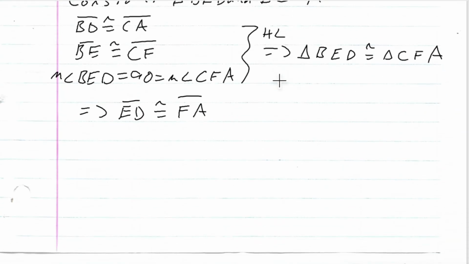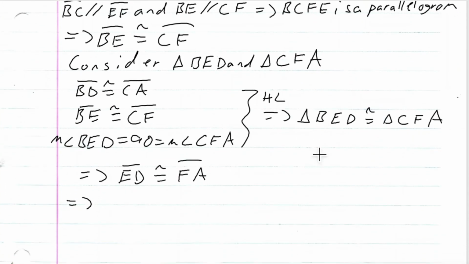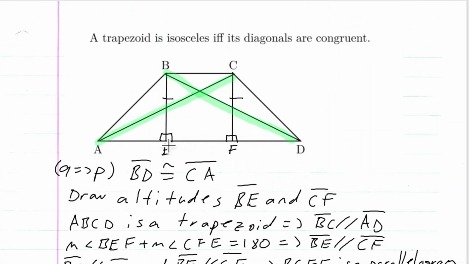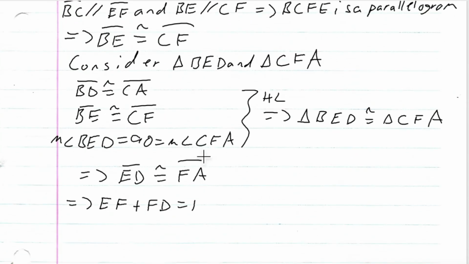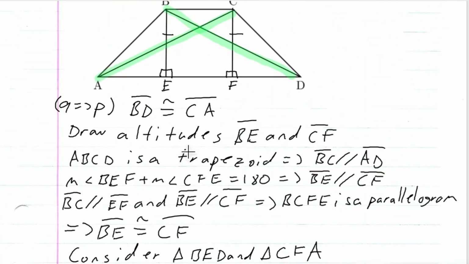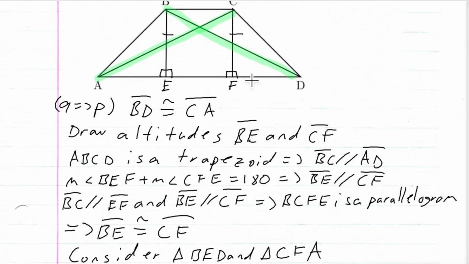This implies, so ED is equal to EF plus FD, and FA is EF plus EA, right?